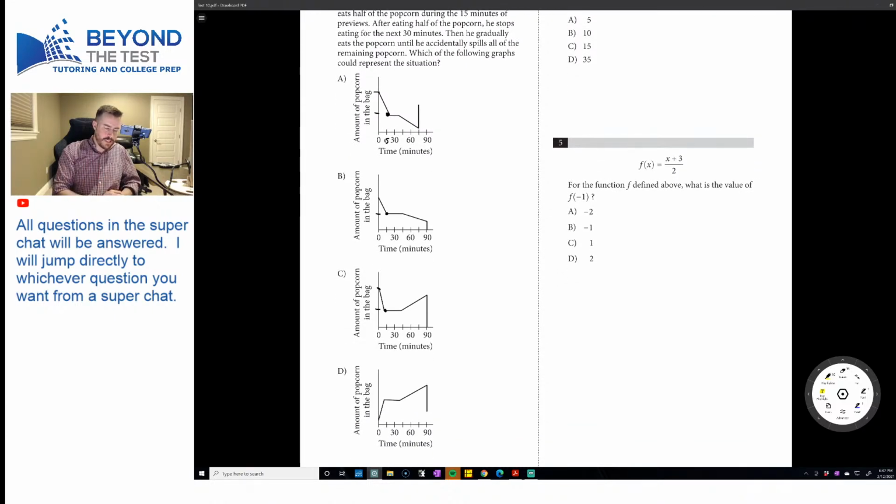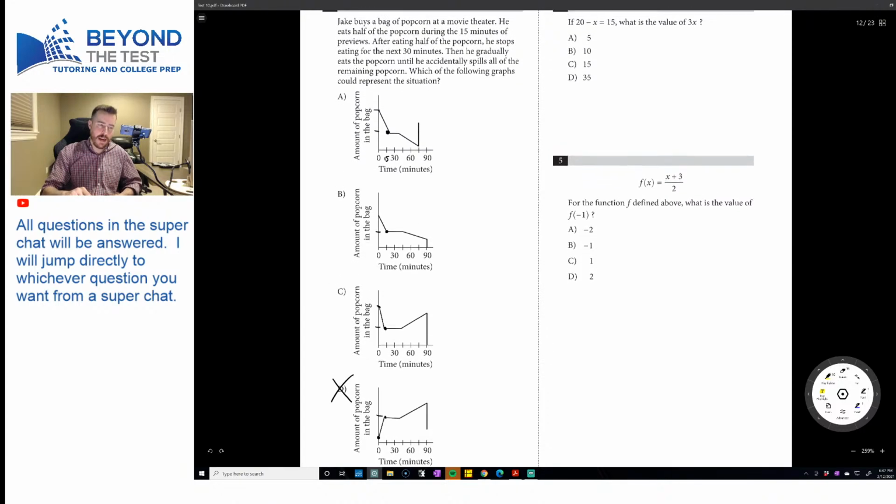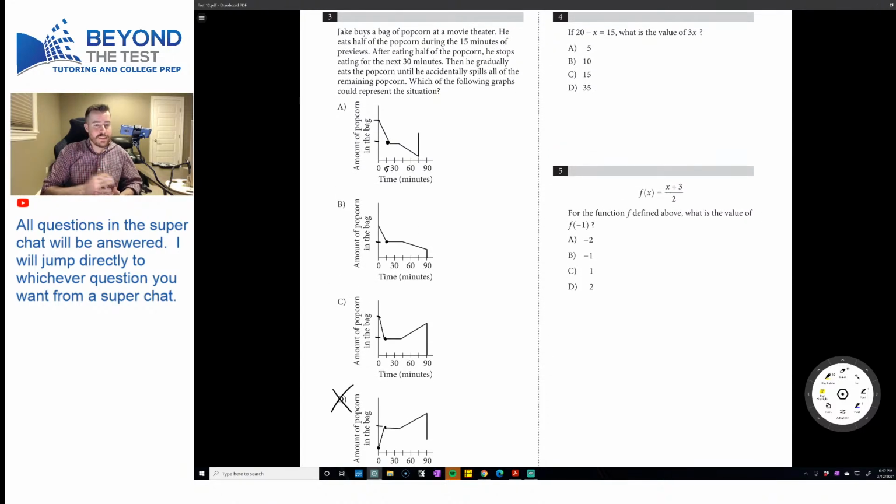And choice D, the amount of popcorn in the bag started here. It's somehow saying that he's gaining popcorn as time goes on. Now, that clearly is not the case, or not even possible, unless he's going out and buying more popcorn. I guess that would be possible, but not for this situation. So D automatically gets ruled out here. Okay, so let's see what happens next.